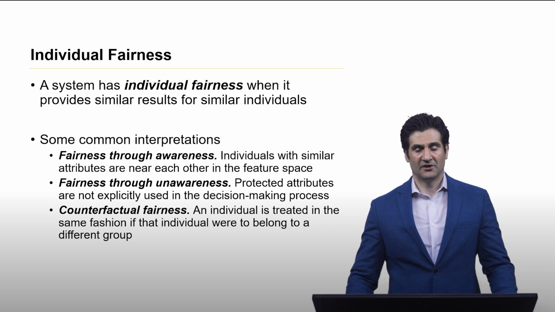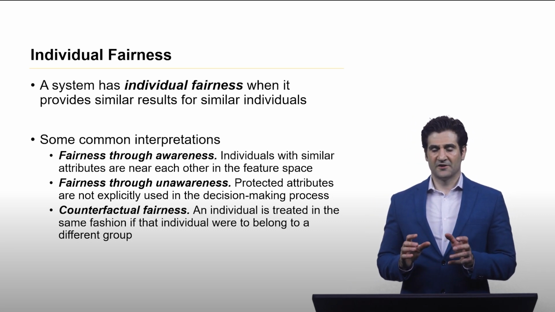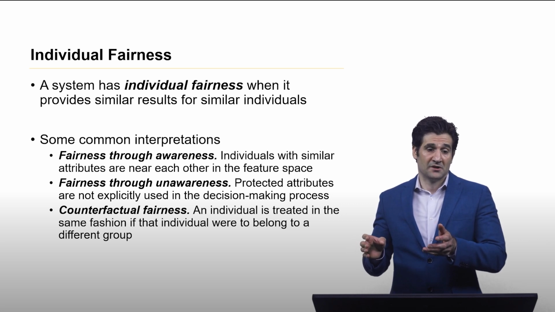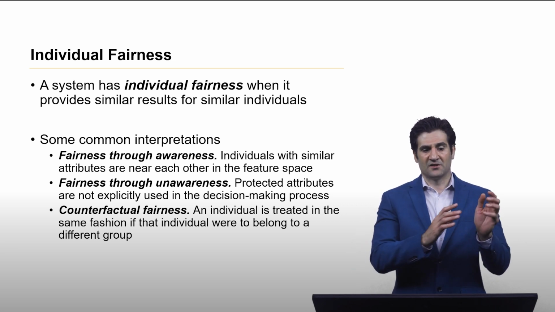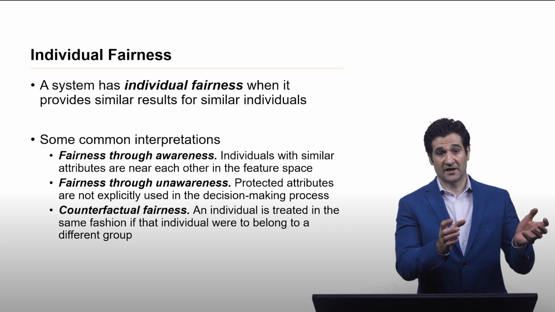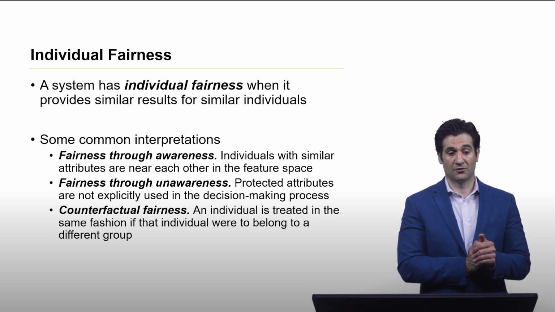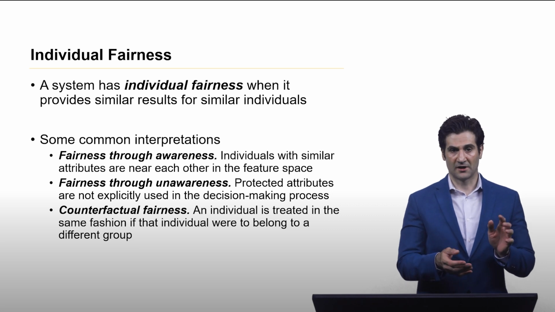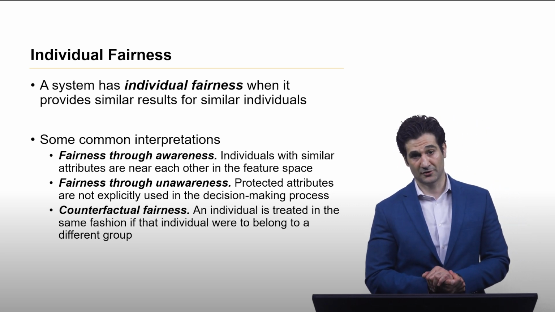And this is where an individual is treated in the same fashion by the system, even if that individual is suddenly placed in a different group, whether it's racial or ethnic or other groupings based on protected attributes.